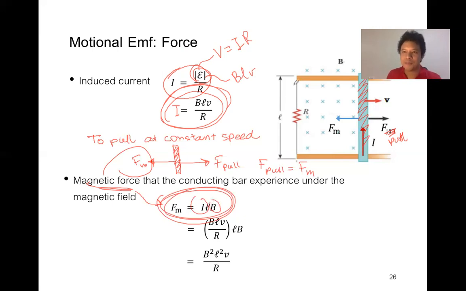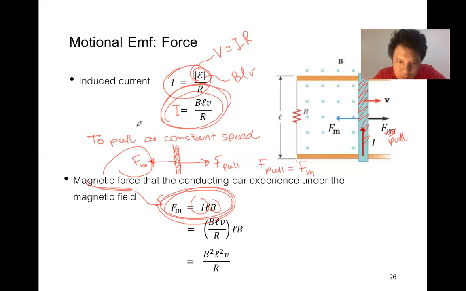And Fm is trying to resist the force that we use to pull. So we pull the bar this way, there is going to be the magnetic force this way, that doesn't allow us to move the bar very easily.